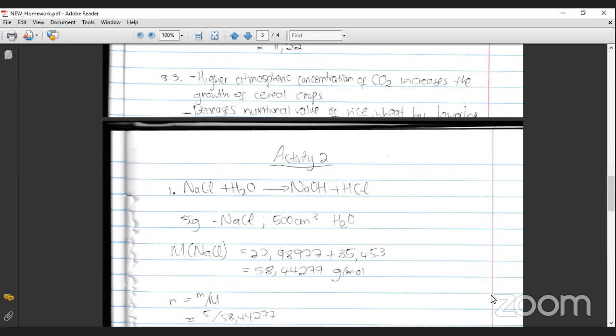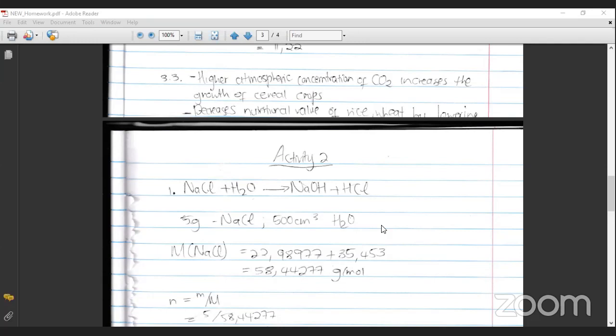So it's NaCl plus H2O will give you sodium hydroxide plus HCl. Okay, so what they say here is 5 gram of NaCl is given and 500 cm cubed of H2O. Okay, so what do we do now?